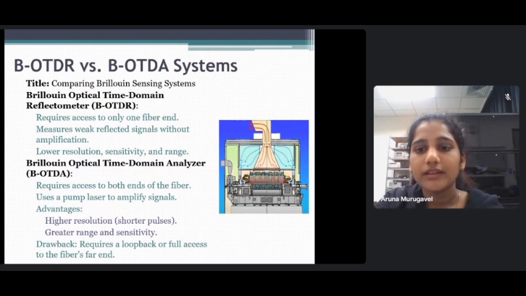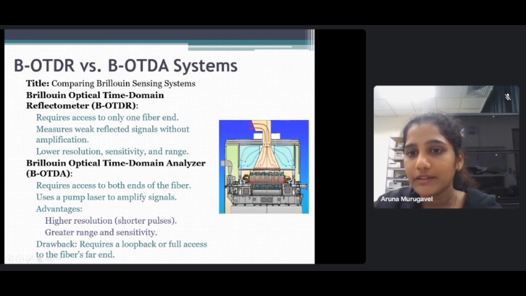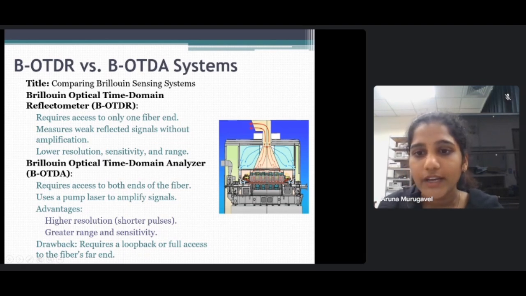These are the two main methods used. One is BOTDR, that is Brillouin optical time domain reflectometry, and the second one is BOTDA, that is Brillouin optical time domain analysis.